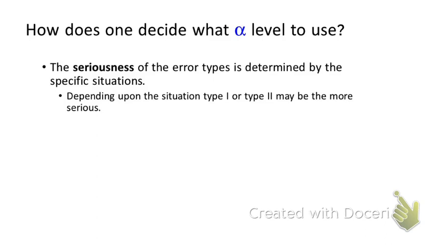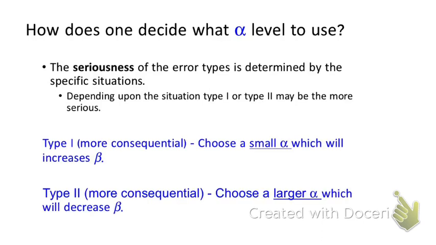So if we go back to the murder case trial, we agreed that type 1 error was more consequential or more serious. So we would want a really small alpha. That makes sense. Like we want a really small chance of that occurring. So it just depends on, do we think type 1 is more serious or type 2?